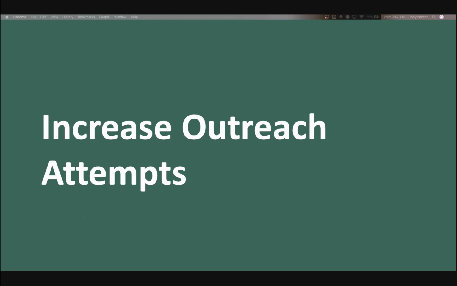Okay. Most of the time, what we hear is 2 to 3 attempts, right? So that's an average. And 2 to 3 seems really hard. What's super interesting is that it actually takes an average of 8 attempts to get someone in a conversation with you, right? So 8 different attempts across different mediums at different times of the day.